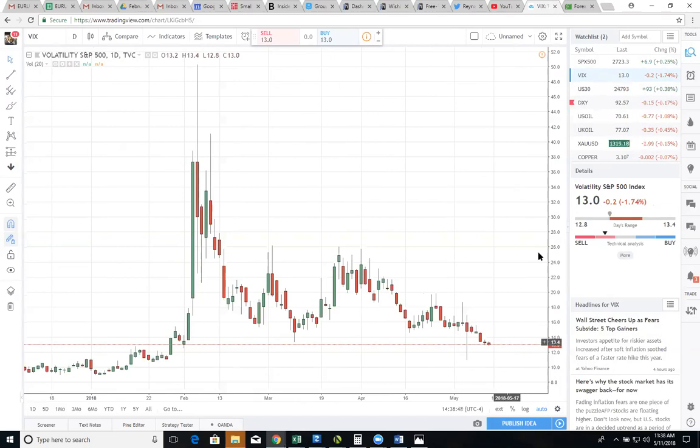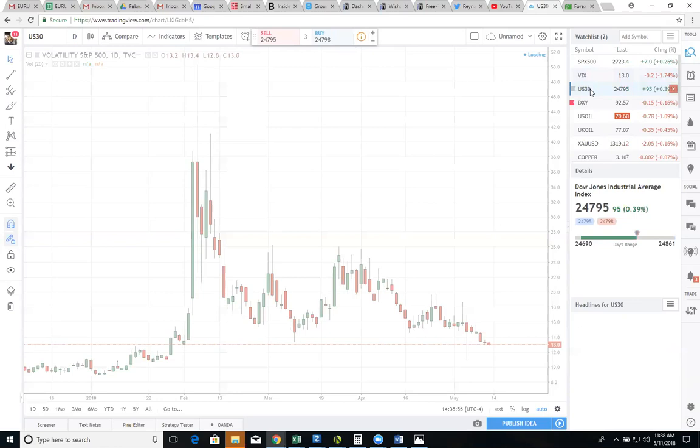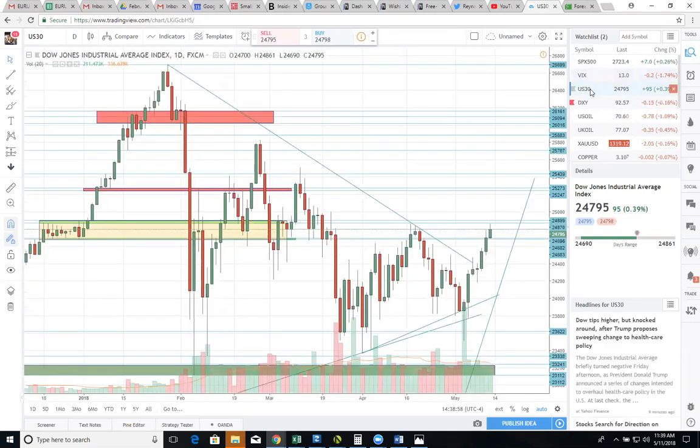It's pretty much time that this is going to head back up, which means that the S&P has to correct itself, which is also in conjunction with the Dow. The Dow is basically just a little bit more ahead in terms of breaking out than the S&P, but also a bunch of higher lows right there.